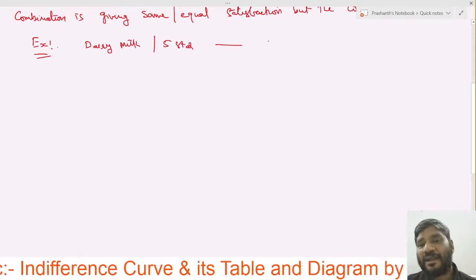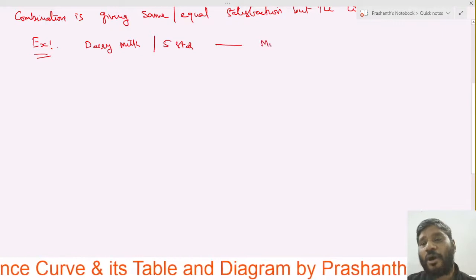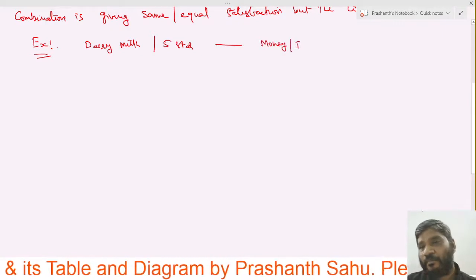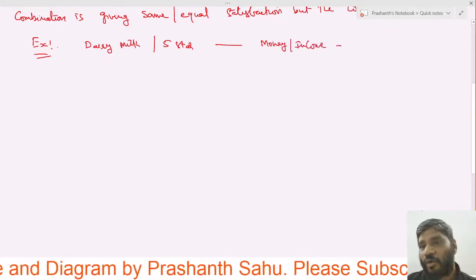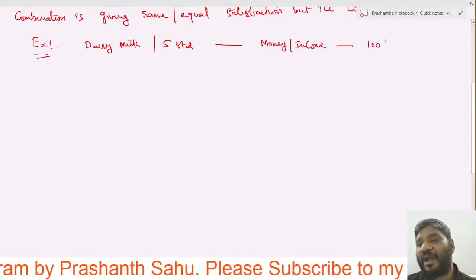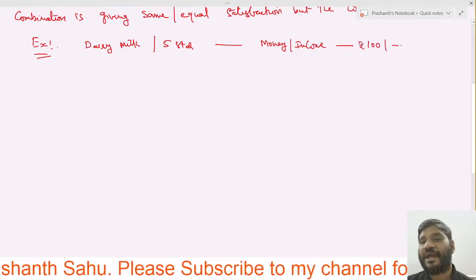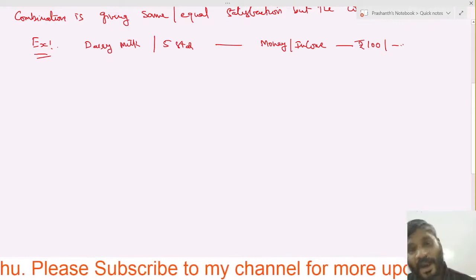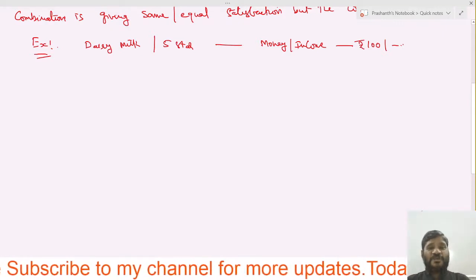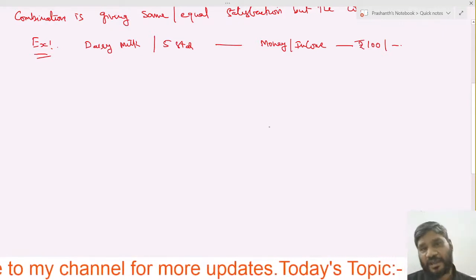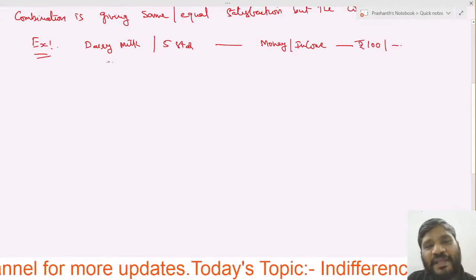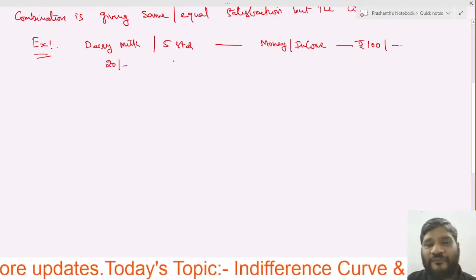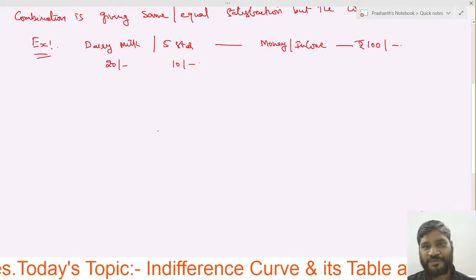And he has money income. How much does he have? For example, 100 rupees is his income. What goods has he chosen? Dairy milk as well as 5-star. For example, dairy milk is 20 rupees and 5-star is 10 rupees.